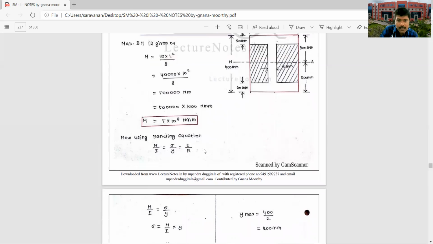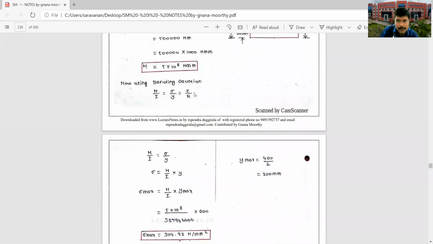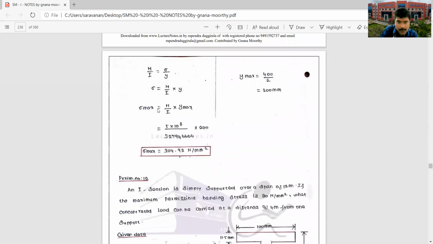Now, using the bending equation, that is M by I equal to sigma by y equal to E by R, or else you can use only M by I equal to sigma by y. From that, sigma will be equal to M by I into y. You need to find sigma maximum, therefore M by I into y maximum. Y maximum is nothing but the total depth divided by 2, 400 by 2, that is from the bottom to the neutral axis, 200 mm.